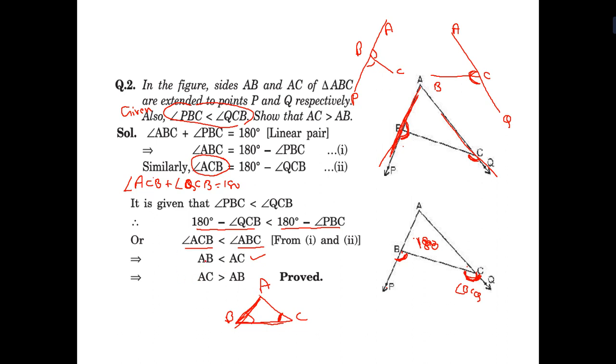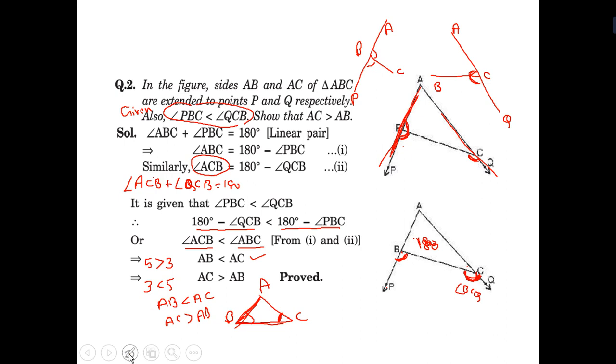If I reverse it, just as 5 is greater than 3, we can also write 3 is less than 5. Same thing, AB less than AC, then I can write AC is greater than AB. Hence it is proved. So it is also an easy sum.